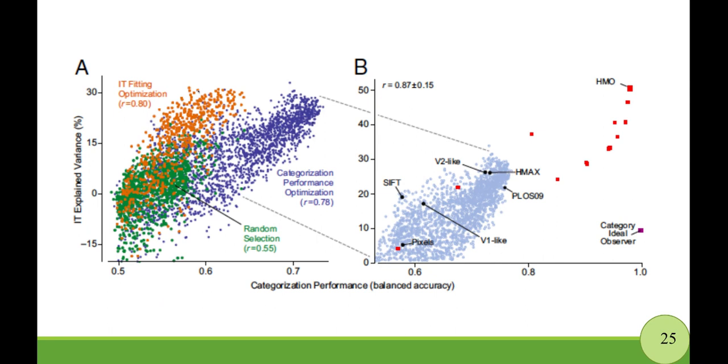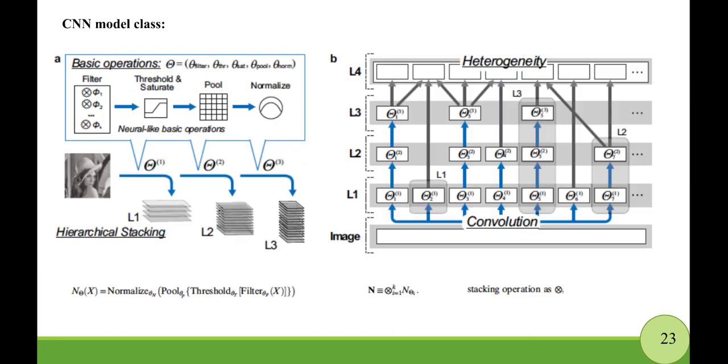So this one might be a 3-layer stacking, might have 21 filters, max pooling or average pooling, or different parameters, and they have a performance in terms of IT invariance and categorical performance, something like that. I'm going to go back to that. I'm just going to introduce it.